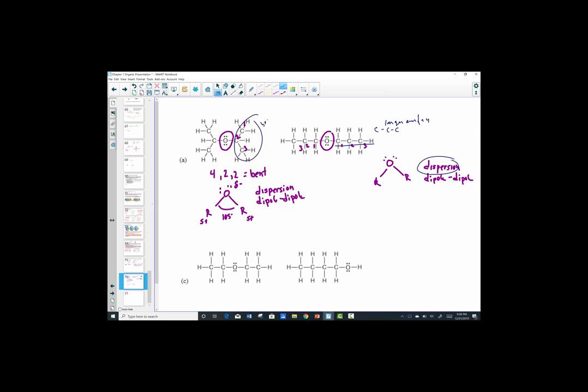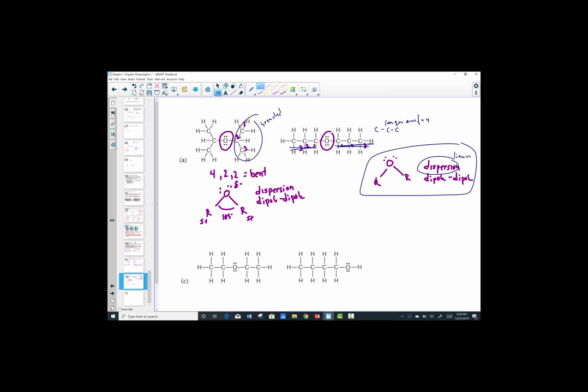So since it's branched, those molecules have less of an opportunity to interact with one another. So therefore, the higher boiling point is the linear ether. That's the functional group here. This would be dipropyl ether, and therefore this would have the higher boiling point because it has the longer carbon chain on either side of the oxygen.